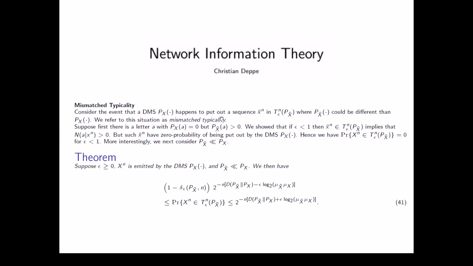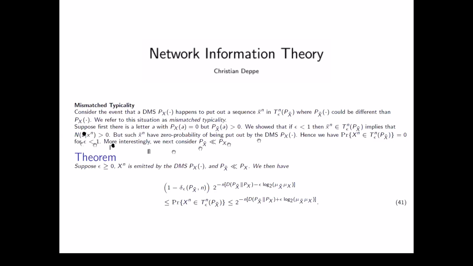First, we look at an easy case. Suppose that we have a letter a such that the probability concerning Px is 0, but concerning Px̃ is greater than 0. We showed before that if epsilon is smaller than 1, then x̃^n in the typical set of Px̃ implies that N_a(x^n) is bigger than 0.